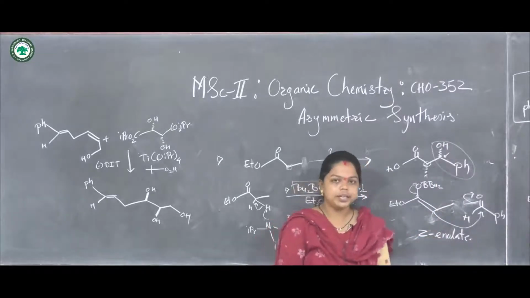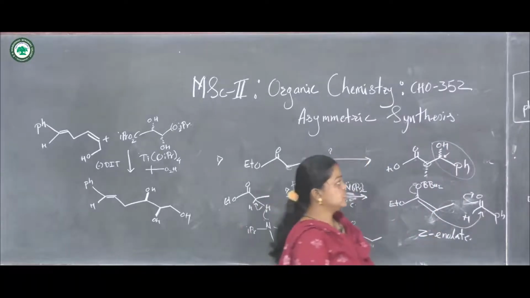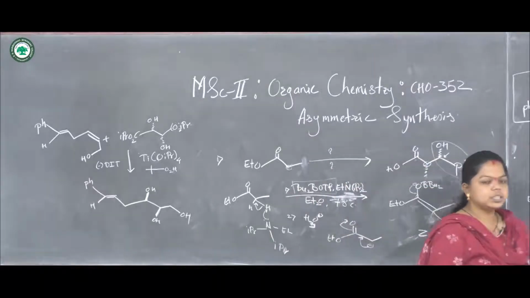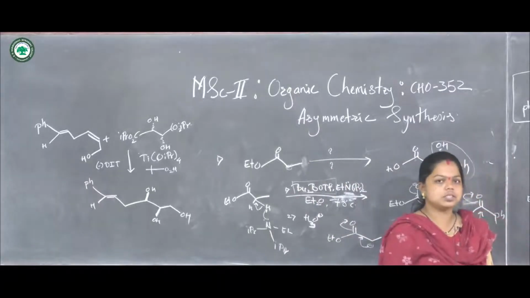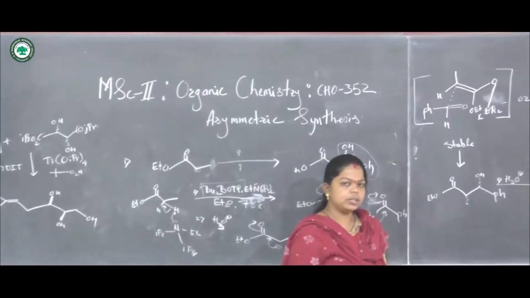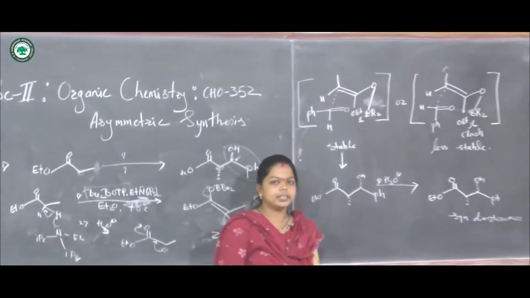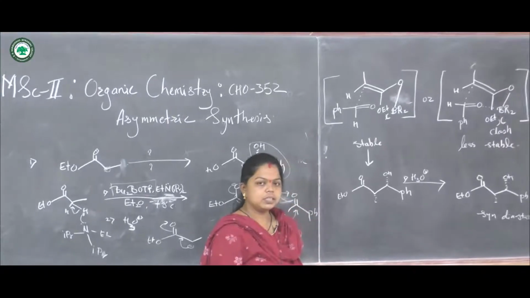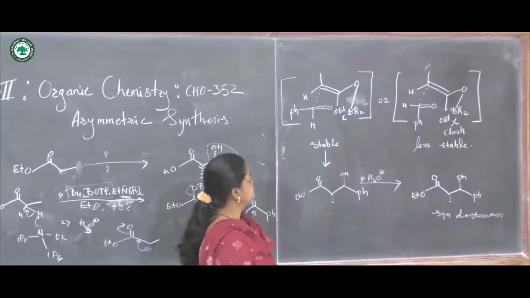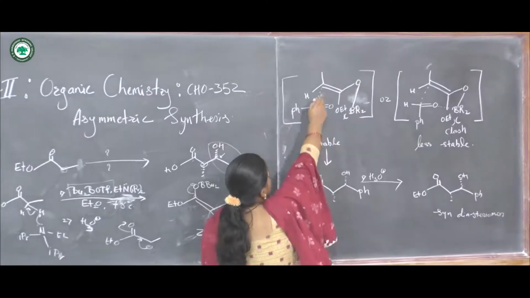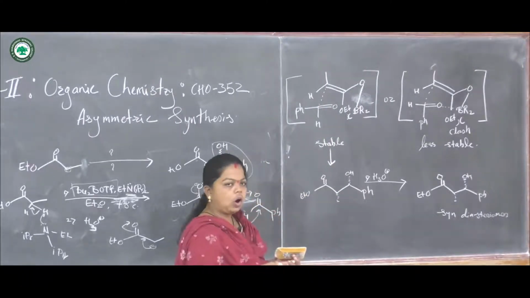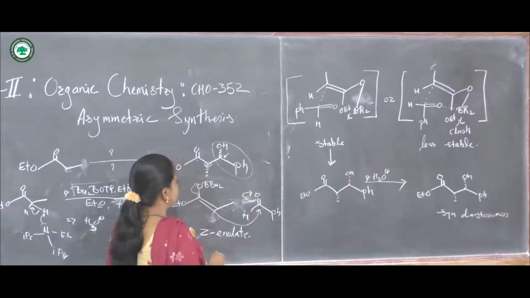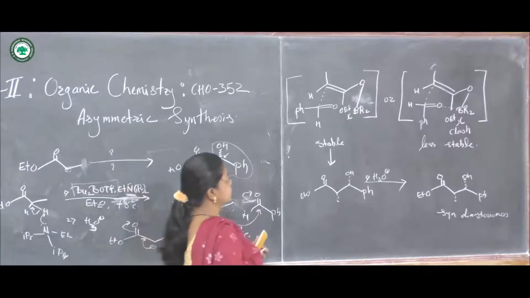But why are we getting the syn product only? This can be predicted by considering the chair transition state for this reaction. We have already studied this in the directed aldol reaction, but again we can see the mechanism for this particular example. Now let us consider the approach of this benzaldehyde molecule to this enolate ion.